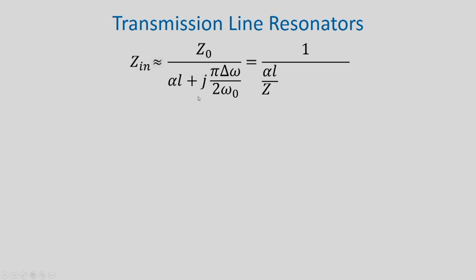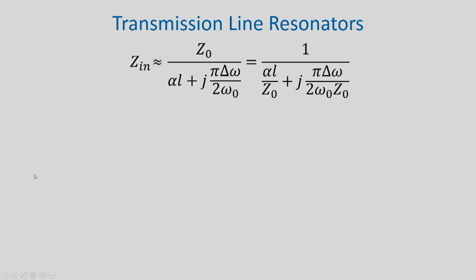So, this can be further written in this form: 1 by alpha L by Z naught plus j pi delta omega by 2 omega naught Z naught.